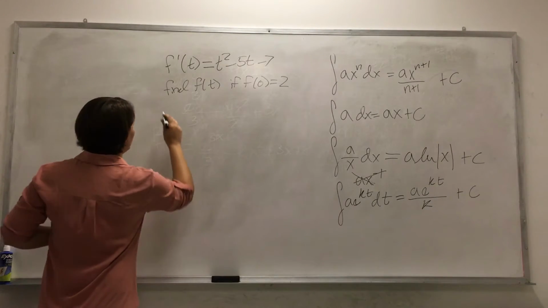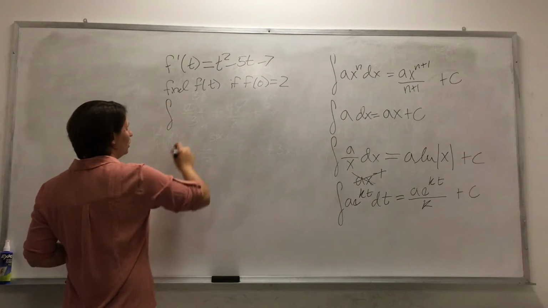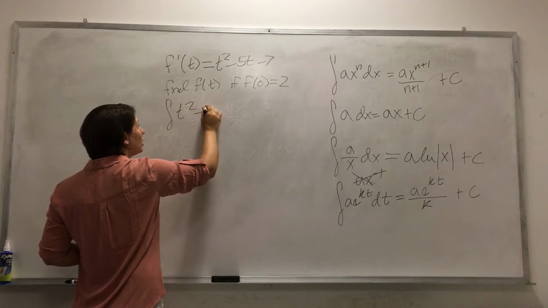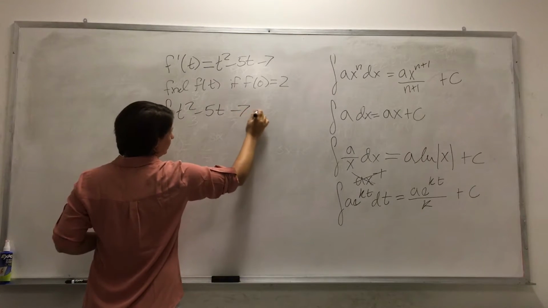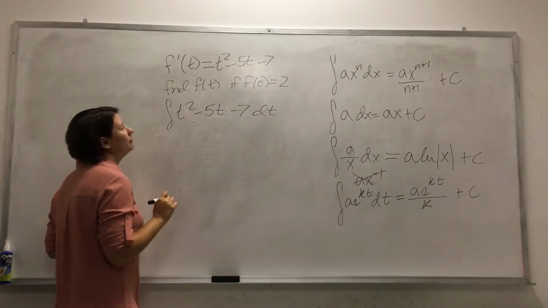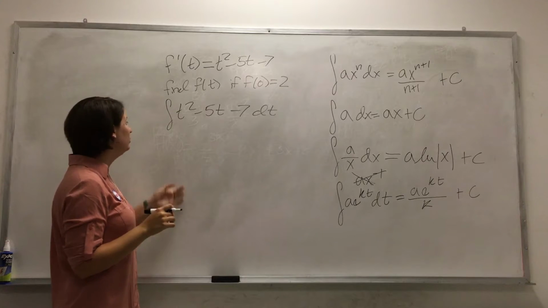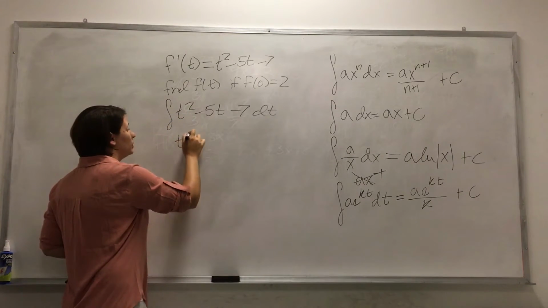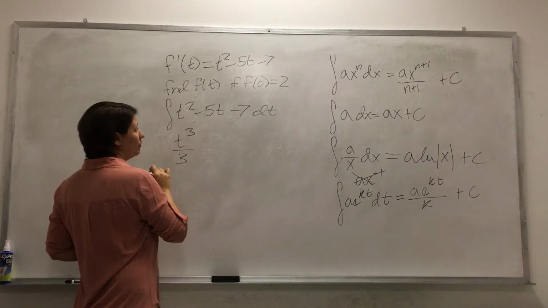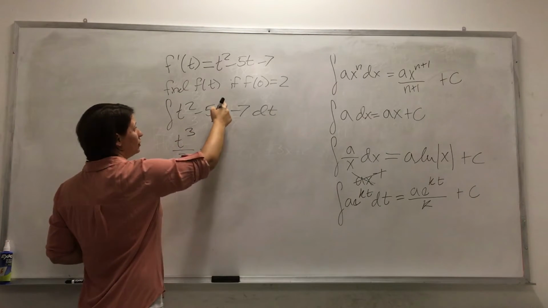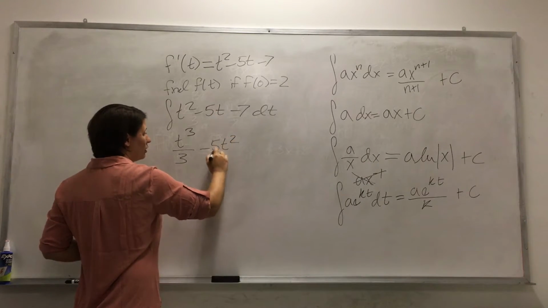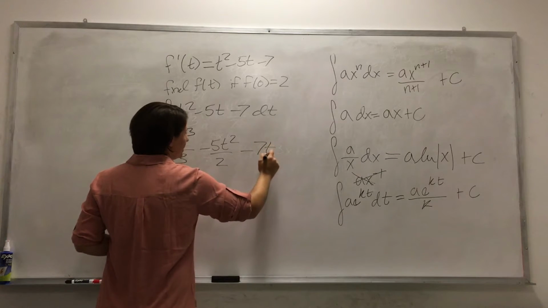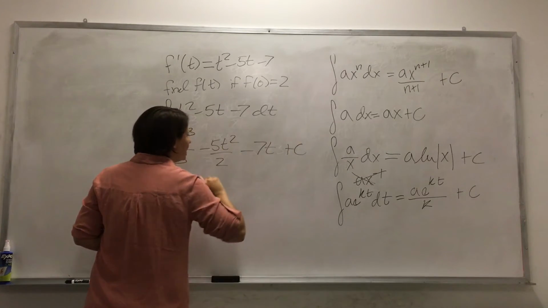So that means we need to find the integral of the derivative function, so the integral of t squared minus 5t minus 7 dt. Now, taking the antiderivative, start off with the t, it's squared, so then it becomes t cubed over 3. Minus 5, started off at 1, so it's t squared over 2. Constant, so minus 7t. Don't forget the plus c.